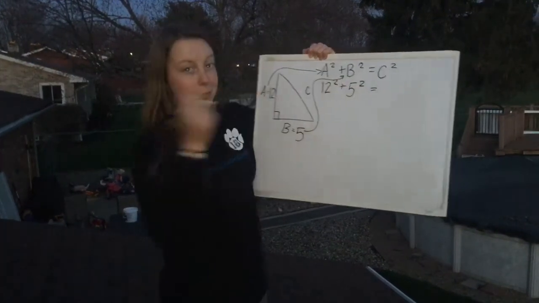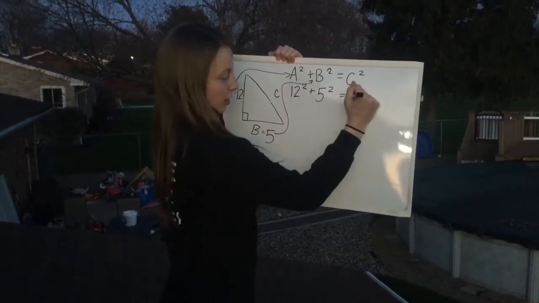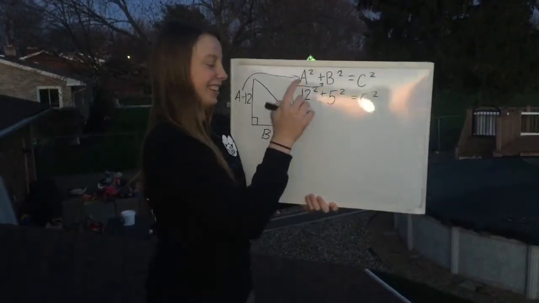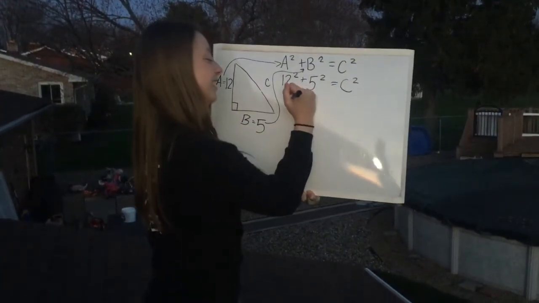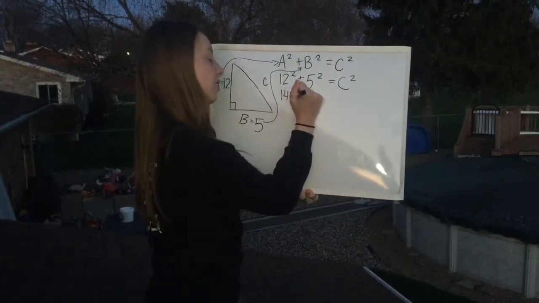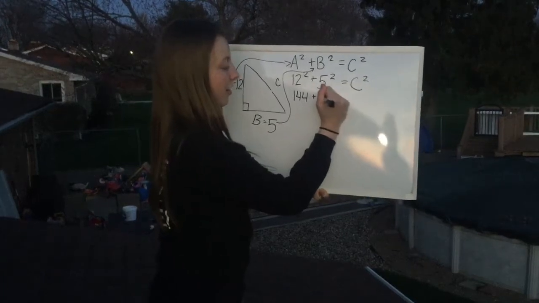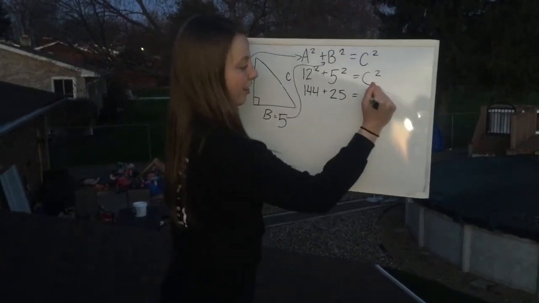And that equals C squared, because we don't know what it is. Alright, 12 squared. Anyone know it? Yep, 144. Alright, and 5 squared, it's going to be 25, equals C squared.